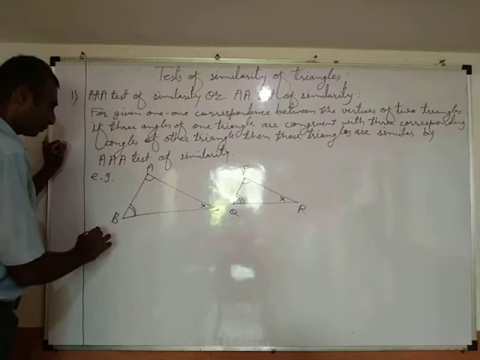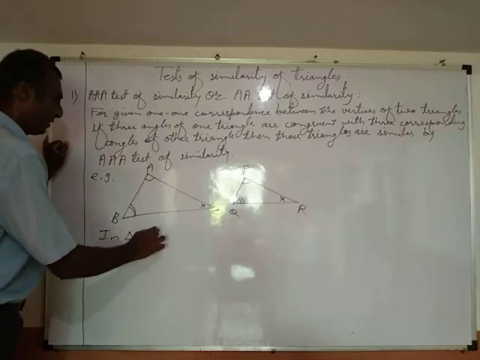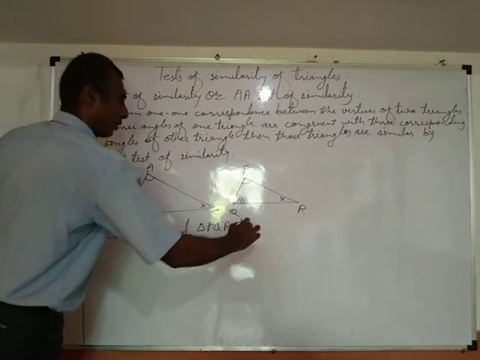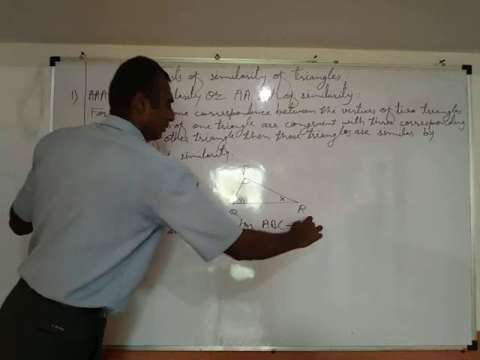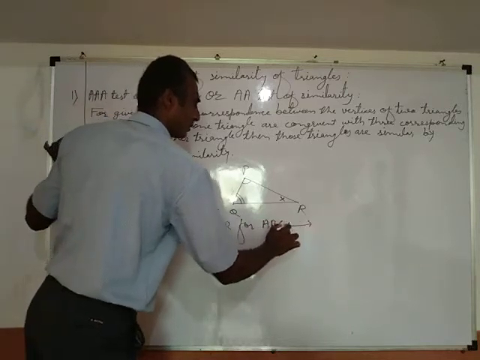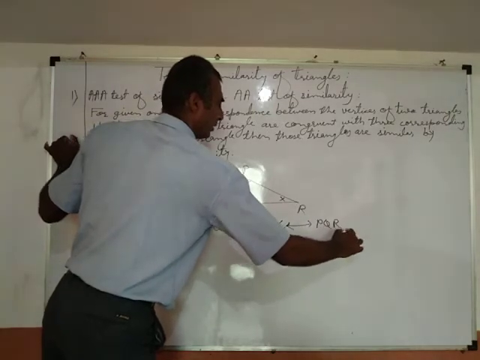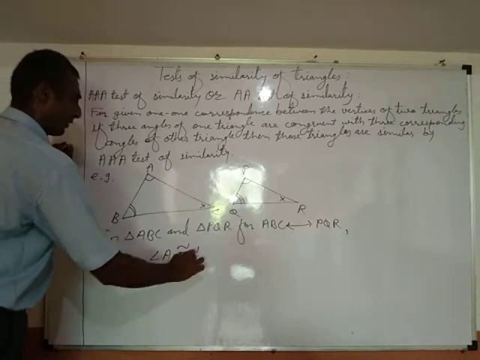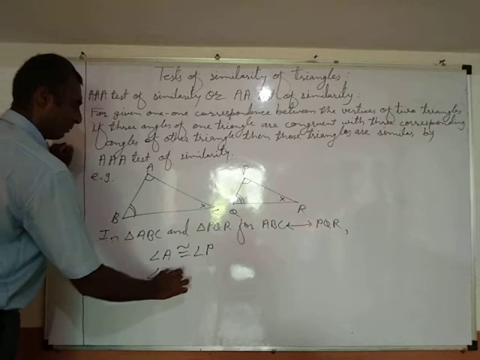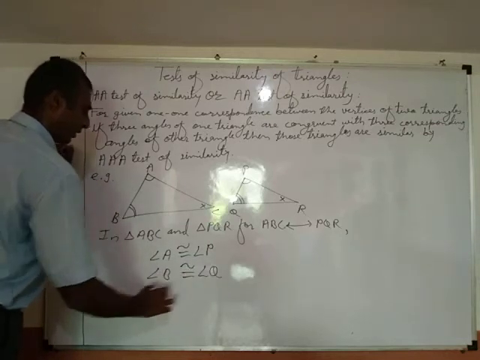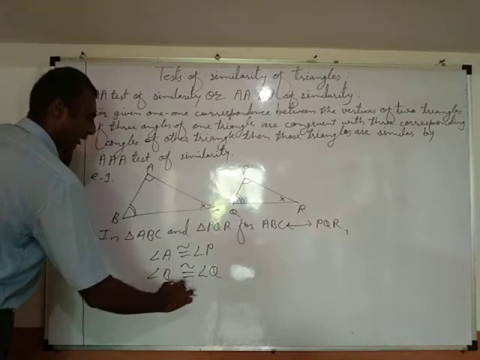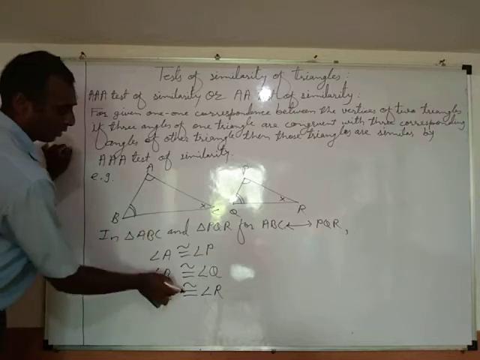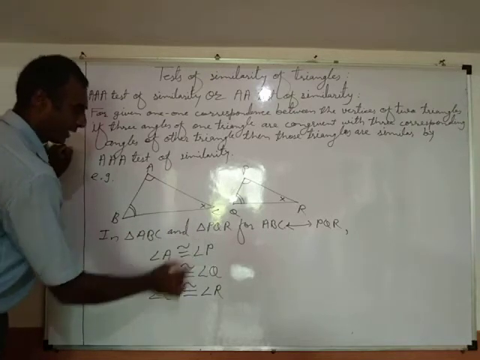Now let's mention in a triangle ABC and a triangle PQR, for ABC 1:1 correspondence PQR, from figure you may note angle A is congruent with angle P, angle B is congruent with angle Q, and angle C is congruent with angle R. Three angles of one triangle are congruent with three corresponding angles of other triangle.